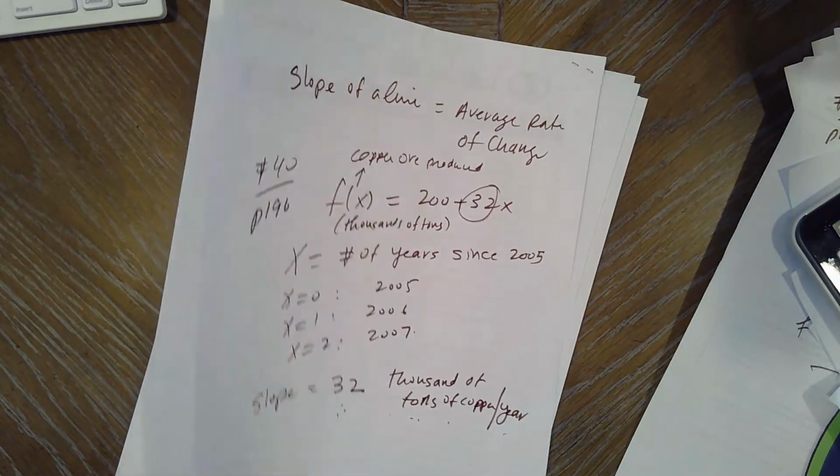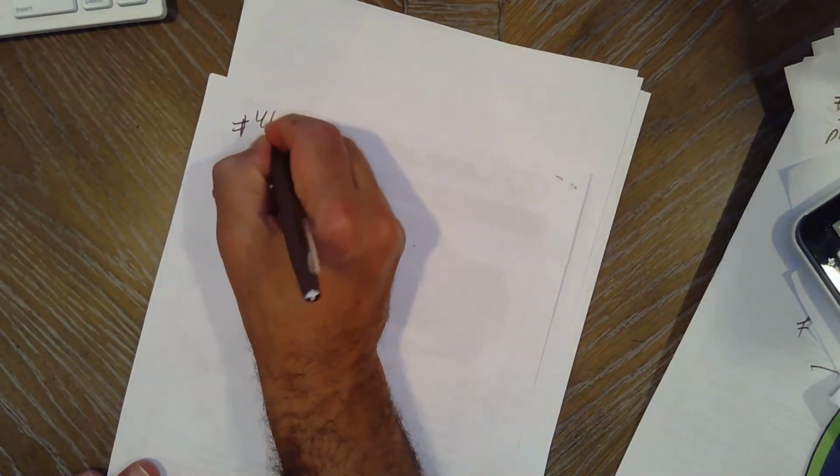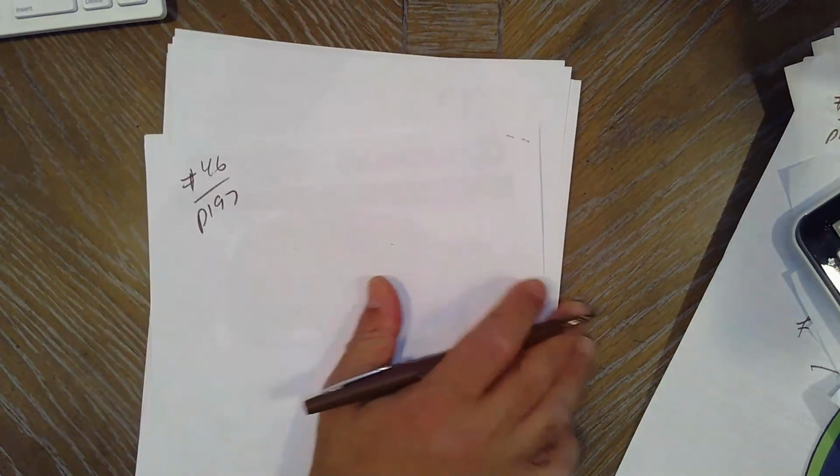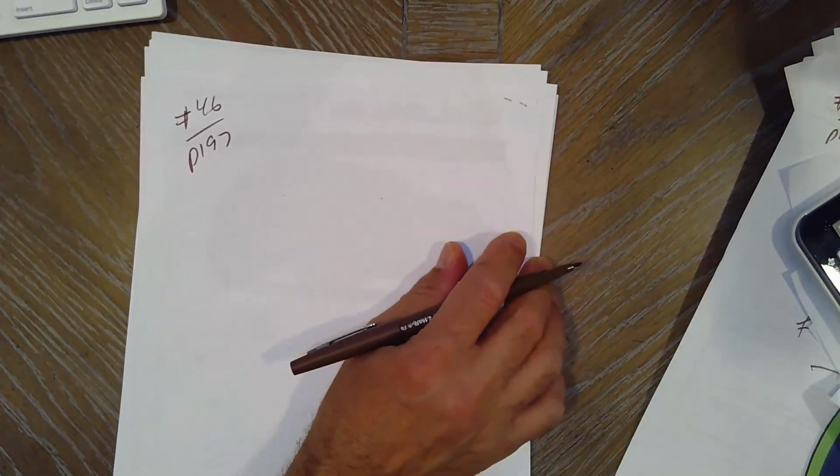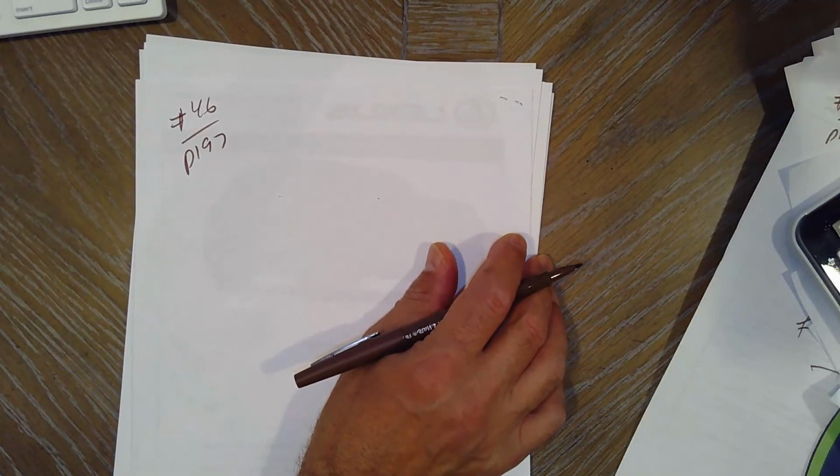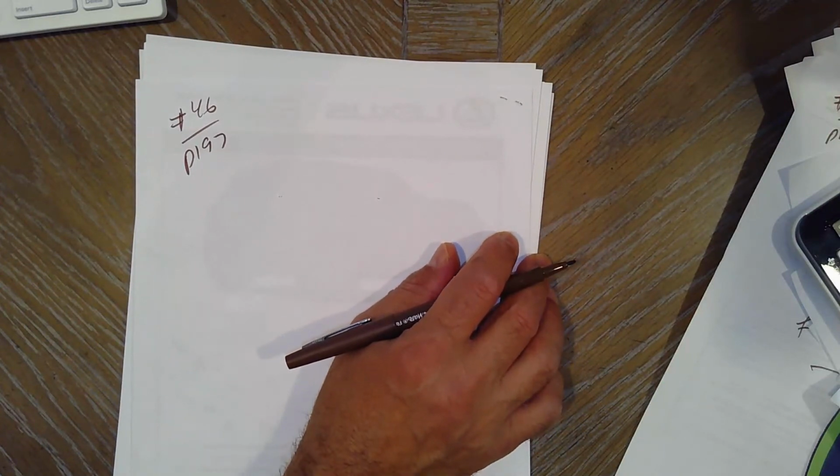Okay, let's look at one more. 46, page 197. Distance, speed, and time. Jacqueline leaves Detroit at 2 p.m. and drives at a constant speed, traveling west on I-94.